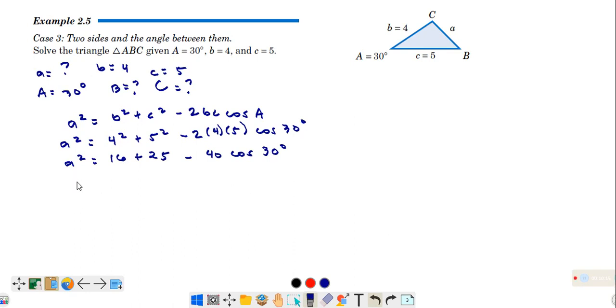Now, let's continue. We have a squared is equal to 16 plus 25. What is 16 plus 25? That is equal to 41 minus 40. Ano ang cosine 30? So, sabi ko nga, dapat kabisado nyo na siya.